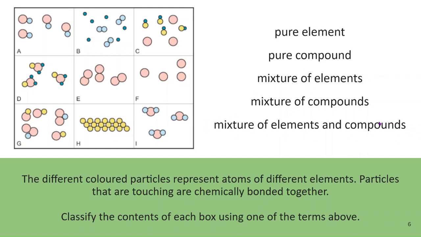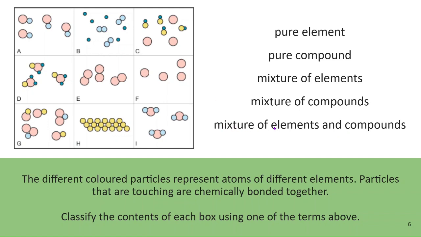It might be a little confusing because we also have this option, but because these are the same color, we actually call this the elemental form of whatever this is. So maybe this is like hydrogen. This is how you would find hydrogen in nature. It'd be two hydrogens bonded together. So because we have this element and then this element bonded to itself, we call this a mixture of elements.